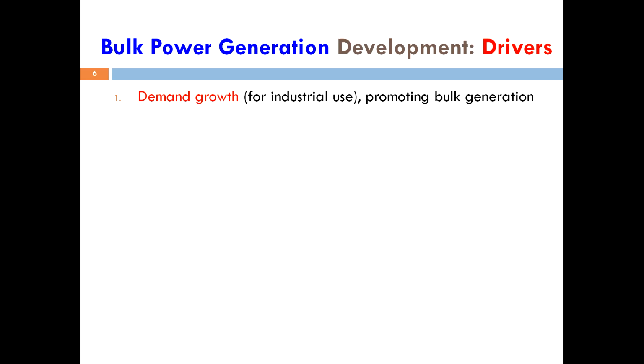Right at the beginning, the various advantages of electric energy were soon realized, and the demand for electricity, especially for industrial use, started picking up, and this then promoted generation of electricity in bulk.